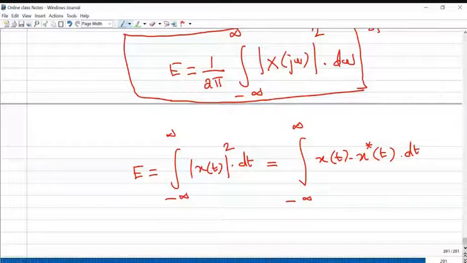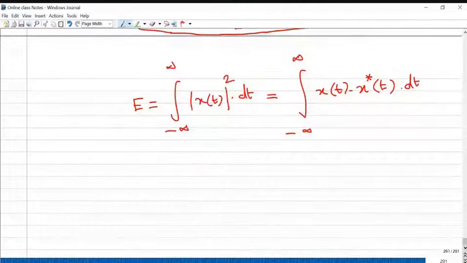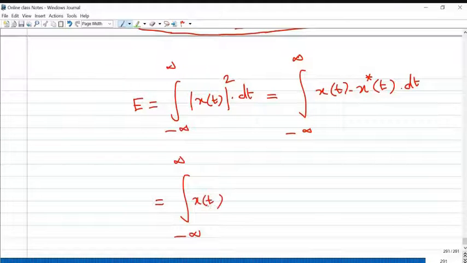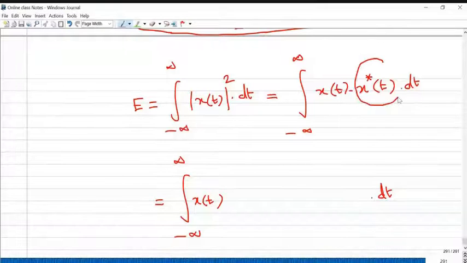Now modulus x of t squared can be written as x of t multiplied with the complex conjugate of x of t. Next, the integration from minus infinity to infinity of x of t dt, let it be.